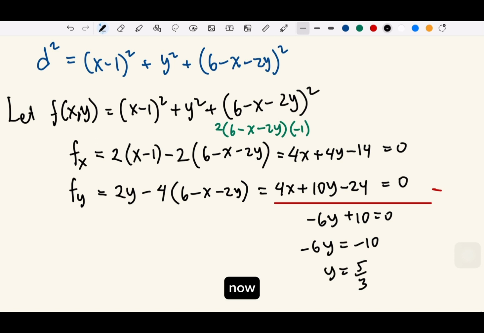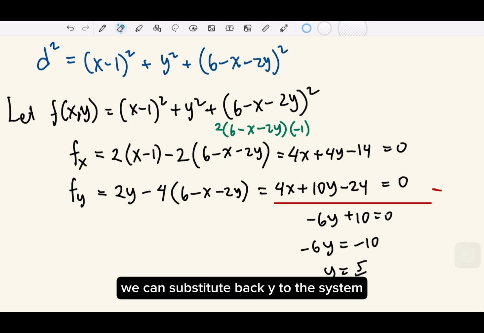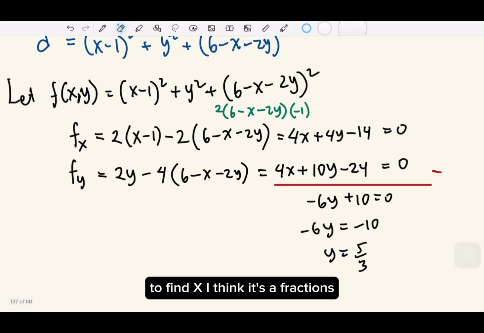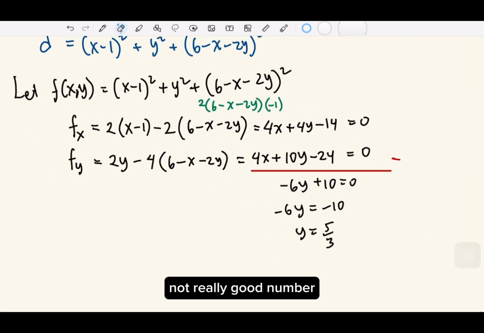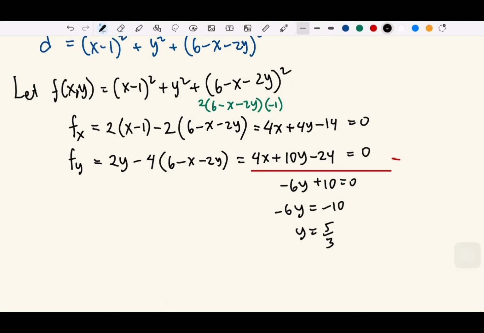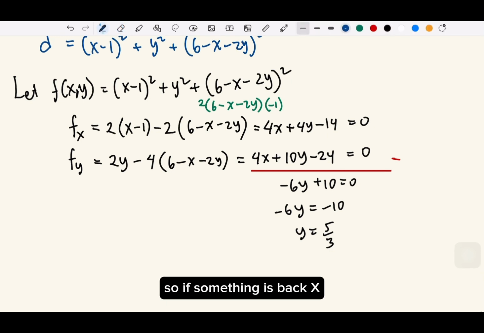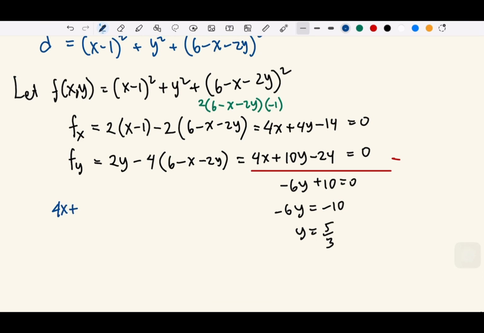Okay, now we can substitute back y to the system to find x. I think it's fractions, not really a good number. So we substitute back, so 4x plus 20 over 3, right? Negative 14 equals 0.